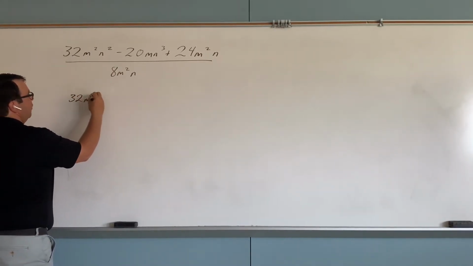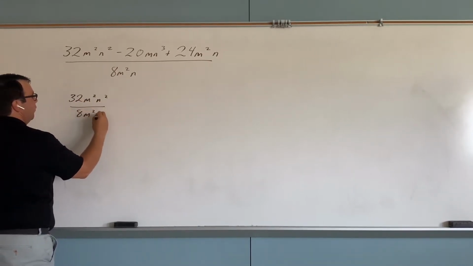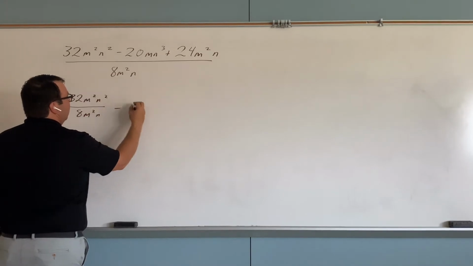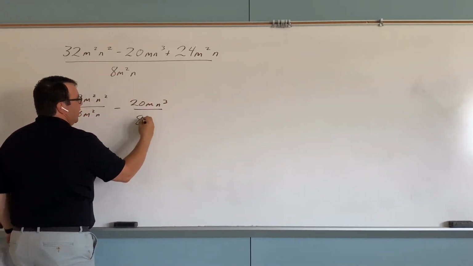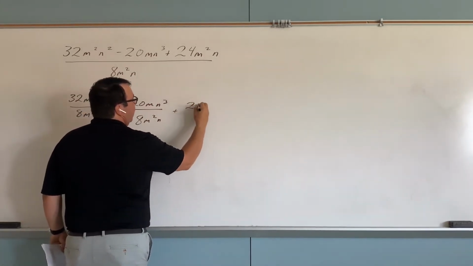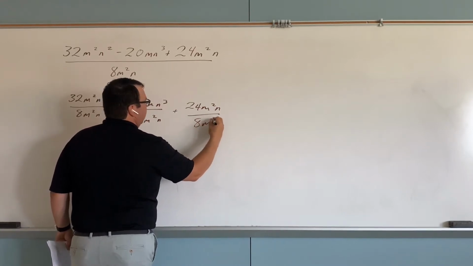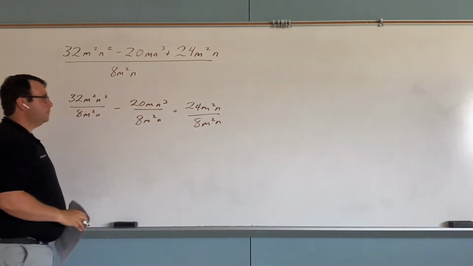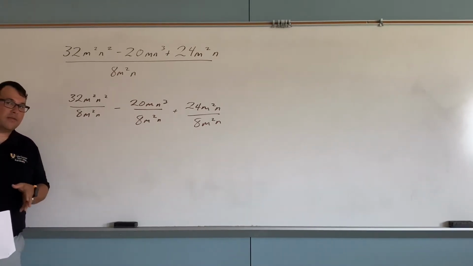So I have 32m squared n squared divided by 8m squared n, minus 20mn cubed divided by 8m squared n, plus 24m squared n divided by 8m squared n. Now, again, I got a lot going on, but take it one step at a time.